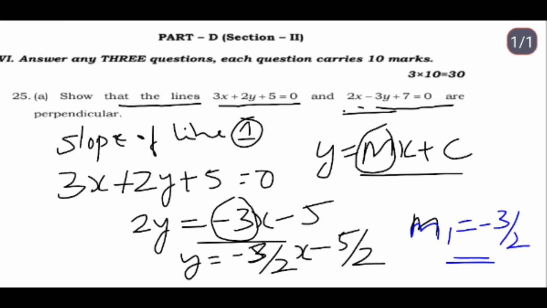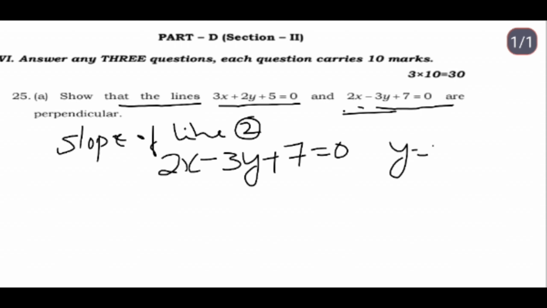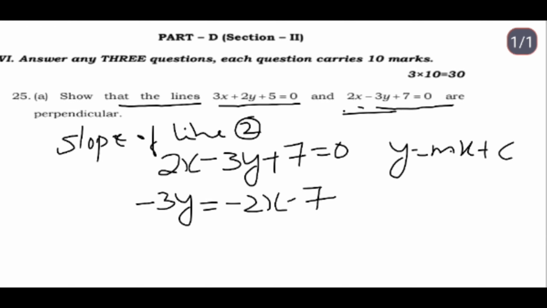Now consider the slope of line 2. So 2x - 3y + 7 = 0. This I am going to write as y = mx + c, so we need to find the slope. Minus 3y as it is, shift this side: -2x - 7.